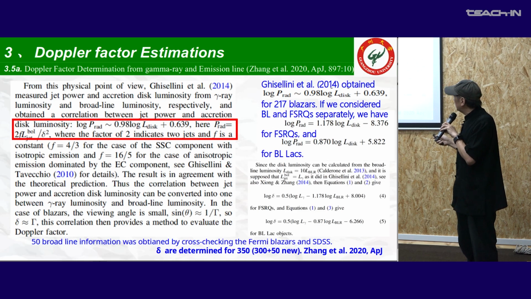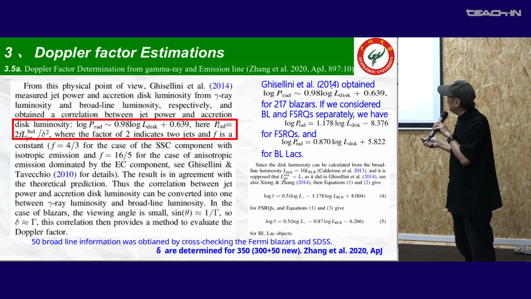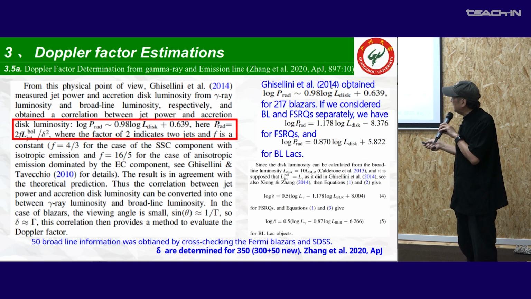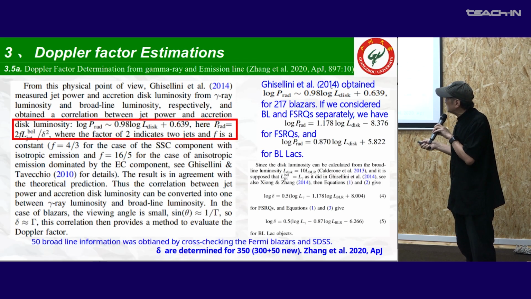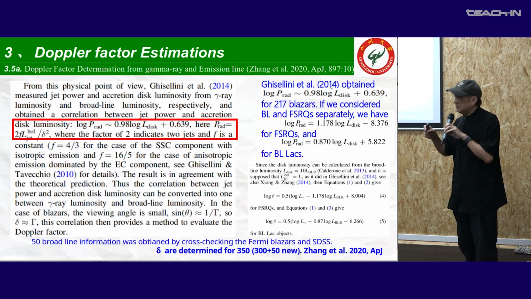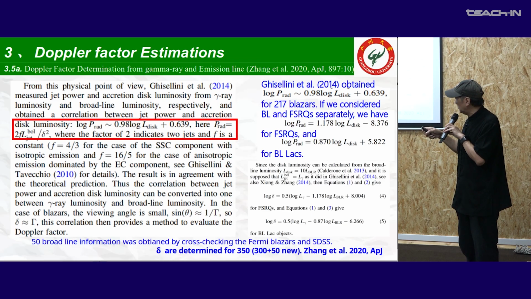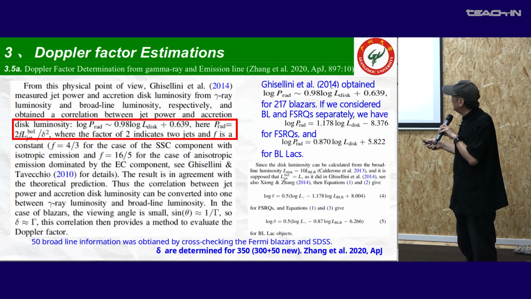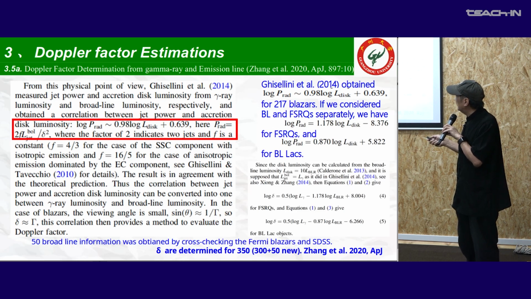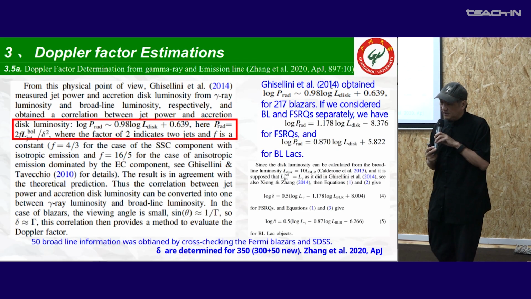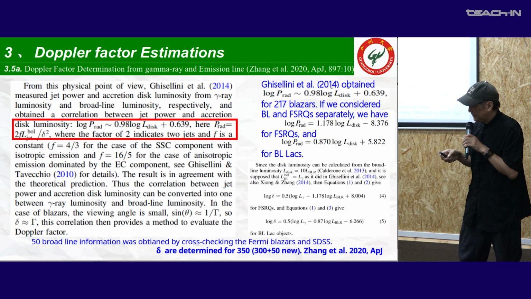But the radiation power can be described in this way. This is from the jet. So we can use gamma ray luminosity to stand for the jet emission, and the disk as the accretion luminosity. That means this relation just tells us that the accretion and the jet are correlated.